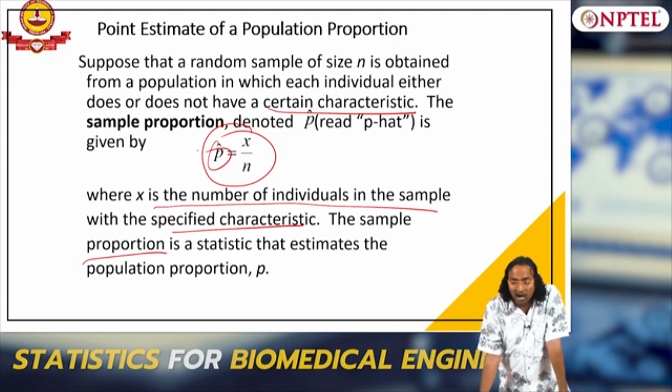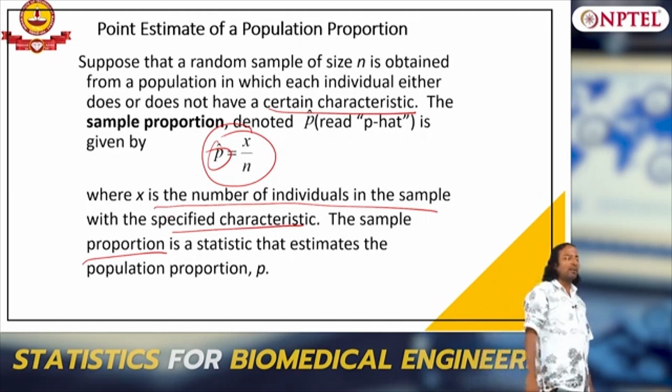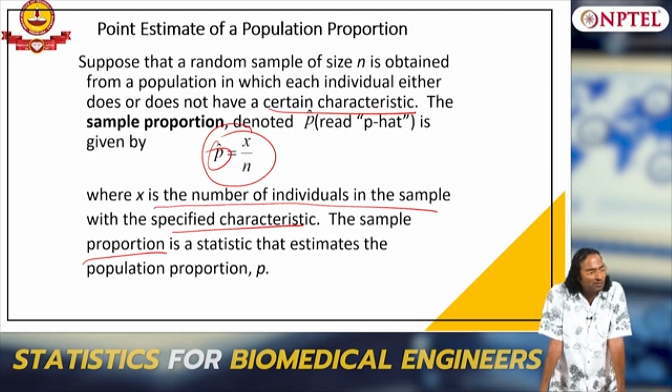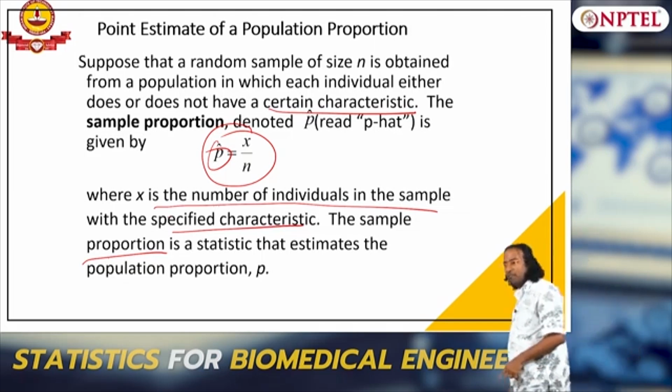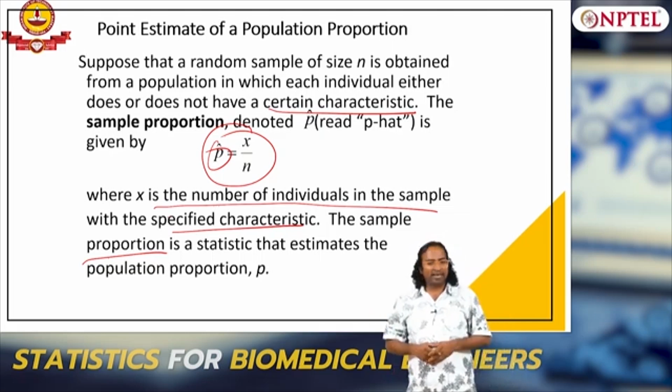The statistic is not x bar. What is the statistic here? Proportion is the statistic. You do not always think of mean and variance. Mean and variance are not good for what? When I take a discrete random variable, or let us say a classification problem, I want to classify between a dog and a cat.